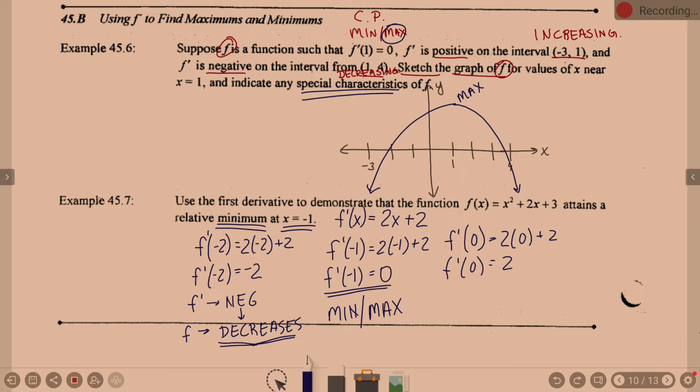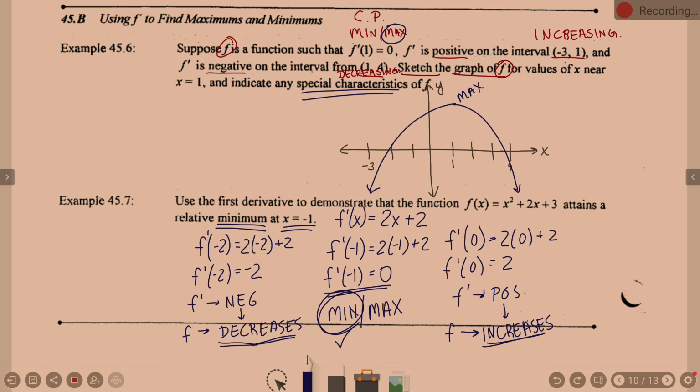That means my derivative is positive, and a positive derivative indicates that the graph is increasing at that point. So it increases. So decreasing, a critical point, and increasing is going to show that yes, it is a min.